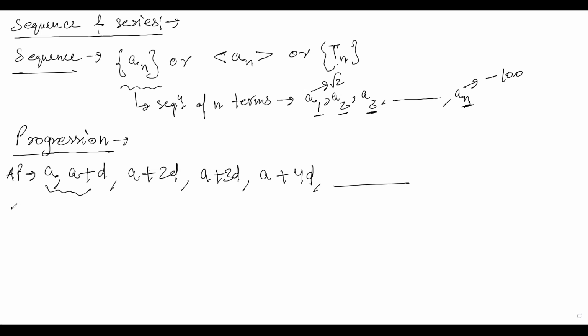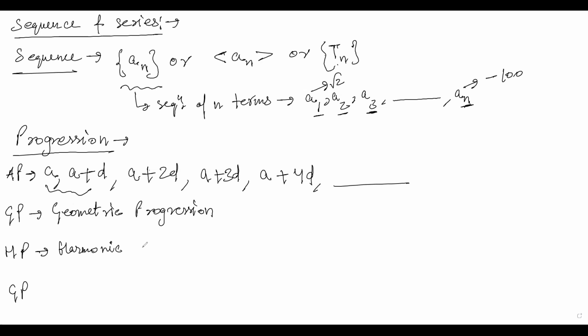First is AP, then second is GP, then third is HP. So what is GP? GP is geometric progression. Now how does So what is HP? Harmonic progression.